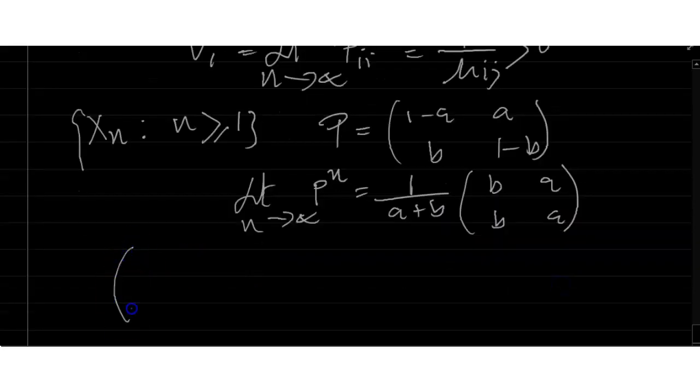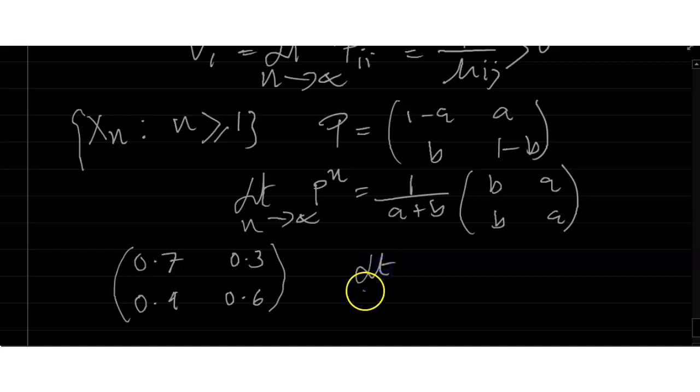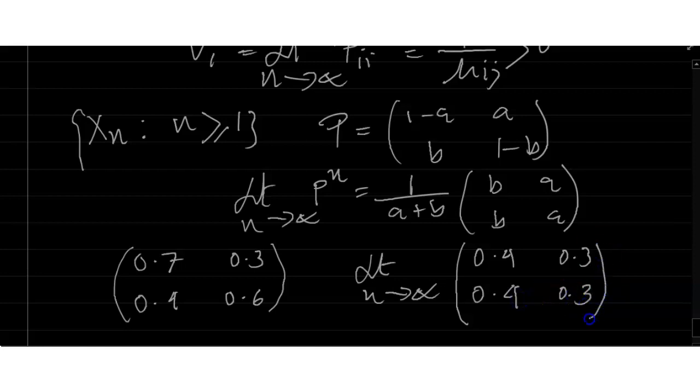For example, if the question is 0.7, 0.3 and 0.4 and 0.6, this type of question, then the limit n tends to infinity equals to 0.4, 0.3, 0.4, 0.3 divided by 0.7.